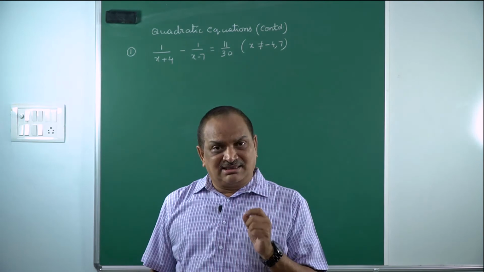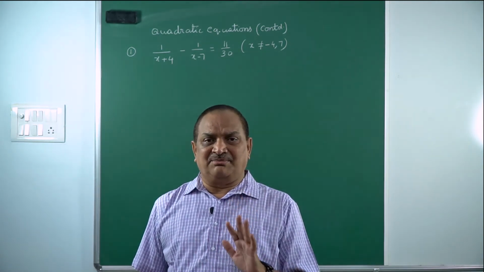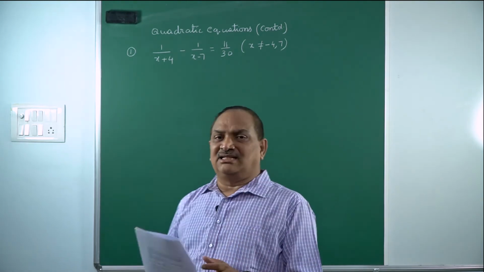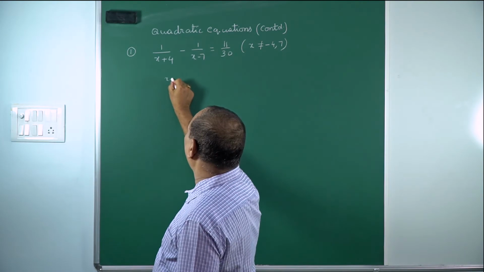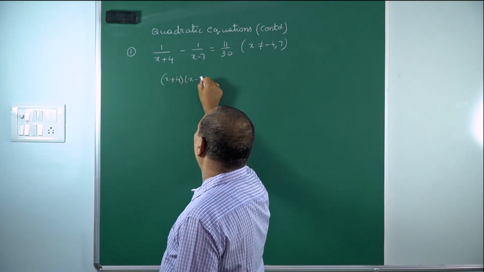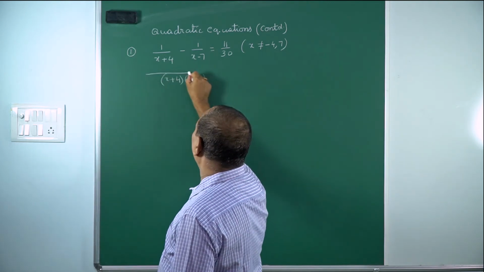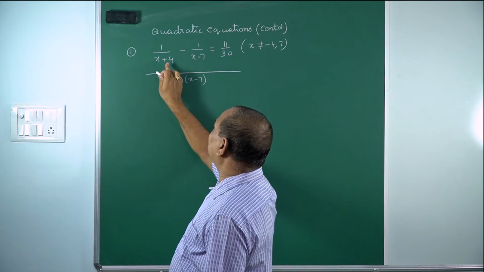But understand one thing, this is not in the form of a quadratic equation as it appears to be. So let us start working. The LCM of the denominators I can take is x plus 4 times x minus 7. In this product, x plus 4 goes x minus 7 times, so x minus 7.